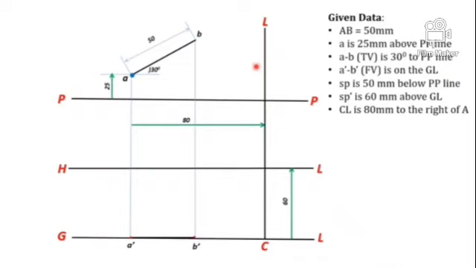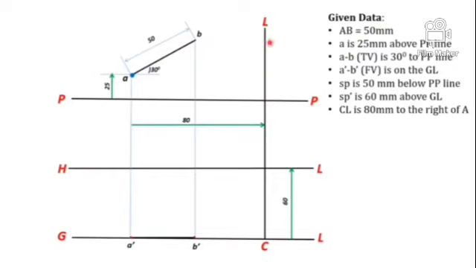So we all know the station point. To locate the station point, we should have two dimensions in top view and also two distances in front view. In top view you should find the distances from PP, that is in front of PP, and also the distance from the object. It is given that the central plane, or central plane means the vertical plane passing through the station point.